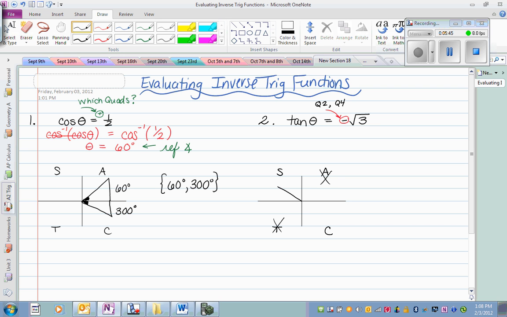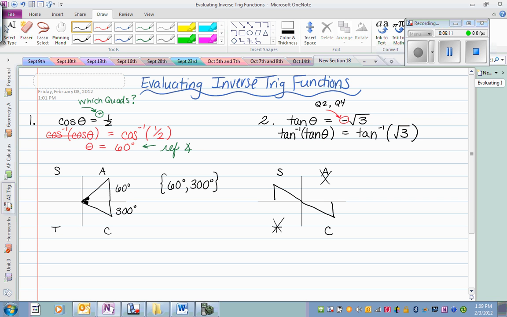So we have triangles, but I've got to find the reference angle. Here's the big deal. When you do tan inverse to get theta alone, you're not actually going to put the negative in.